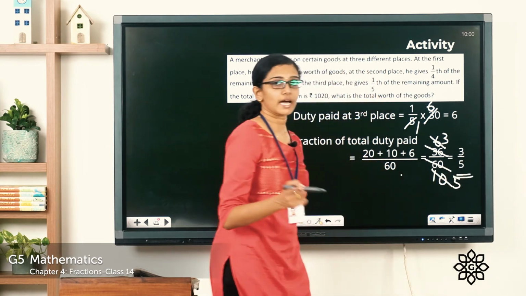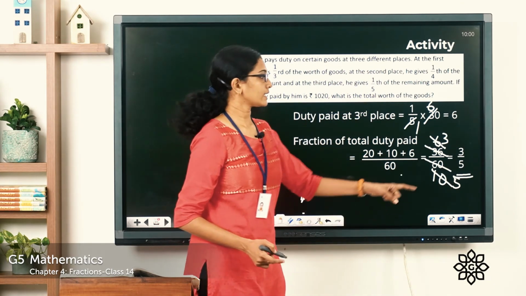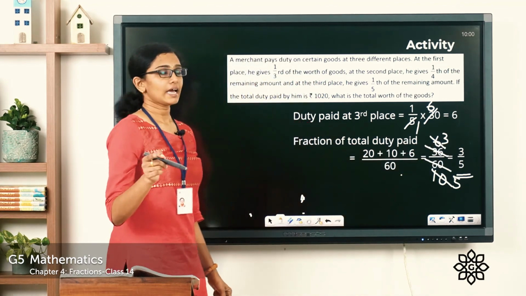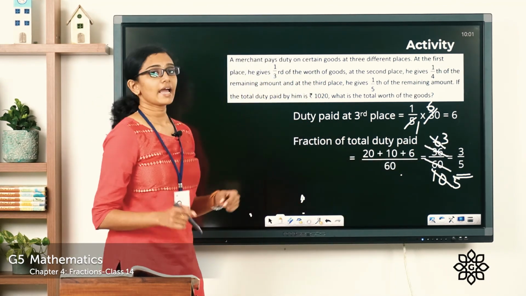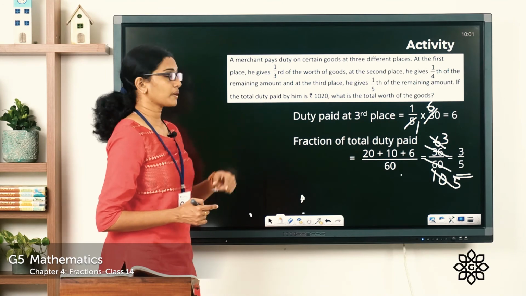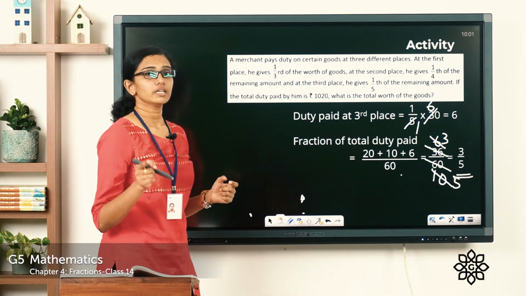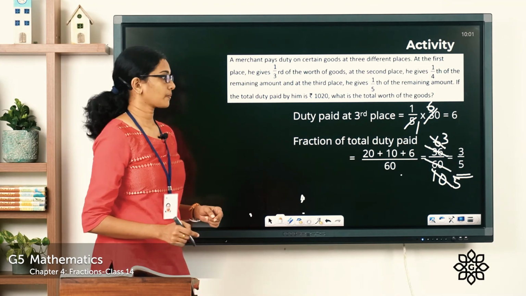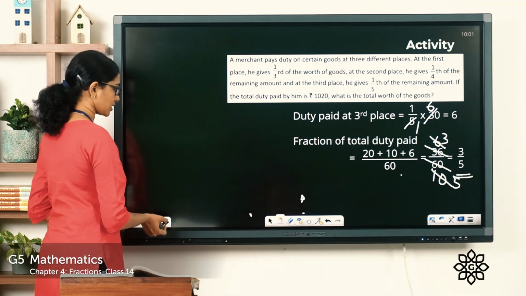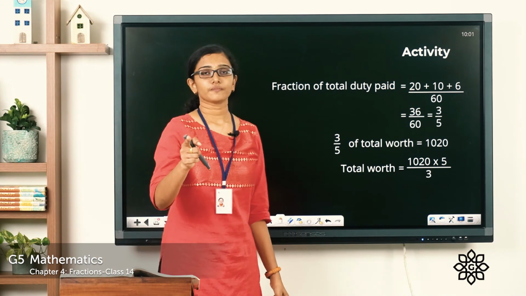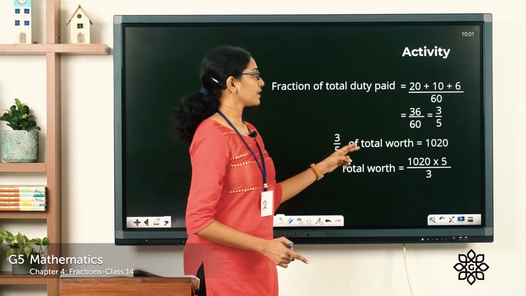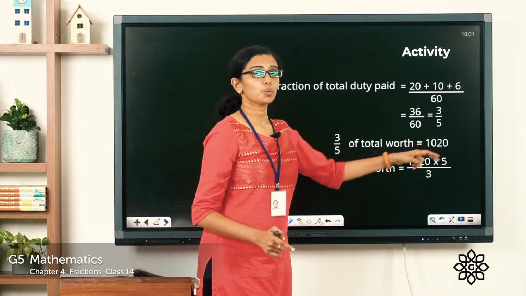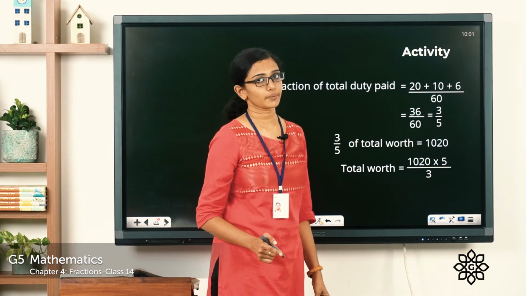So what is the fraction of total duty paid? It is 3/5. And in the question, the amount which was paid as duty, the total duty, is also given. How much is it? Rupees 1020. So we have the fraction 3/5 of the total worth. 3/5 of the total worth is equal to 1020 as mentioned in the question.